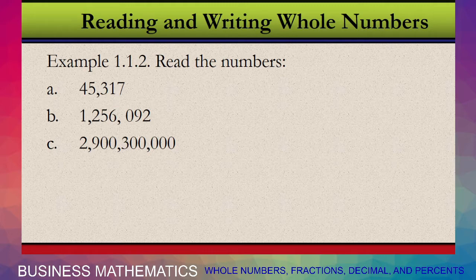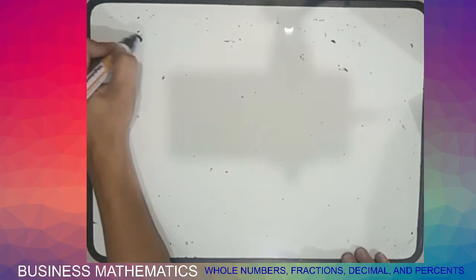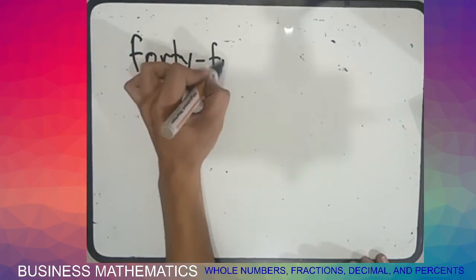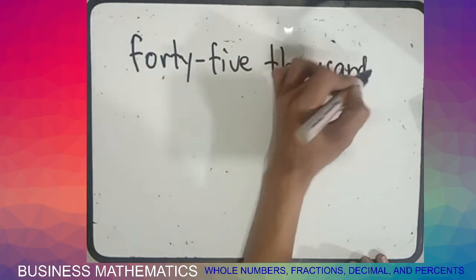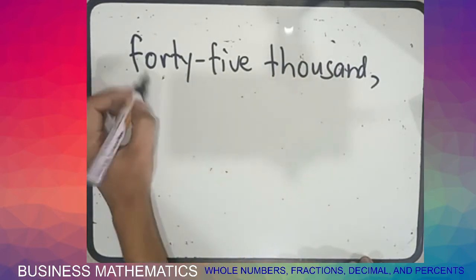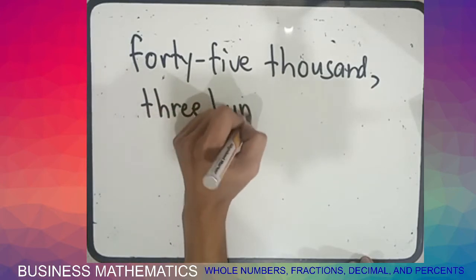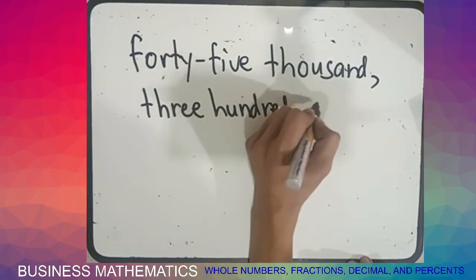Isulat natin sa board yung ating sagot. For number 1, 40, may dash, 5,000, lalagyan natin ng comma, 300, comma ulit, 7.